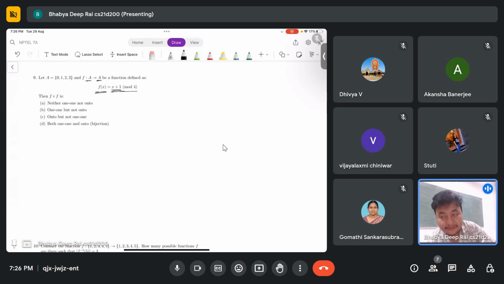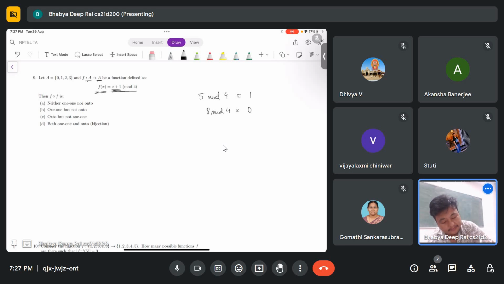So how does this mod work? Mod simply means remainder on dividing by 4. So for example, 5 mod 4 would be 1, right? Because 4 leaves the remainder 1. So 8 mod 4 would be 0, because dividing 8 by 4 will leave a remainder 0.